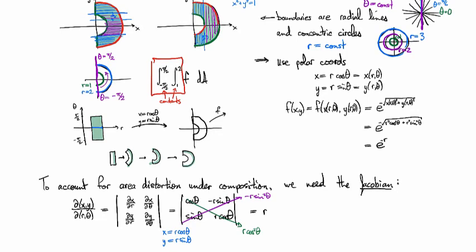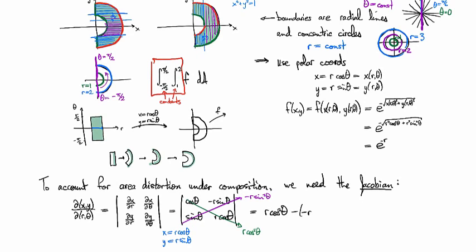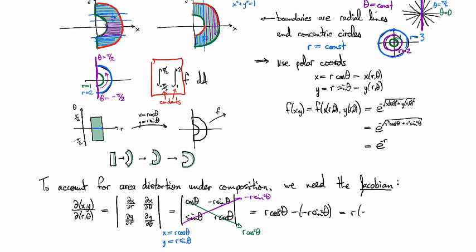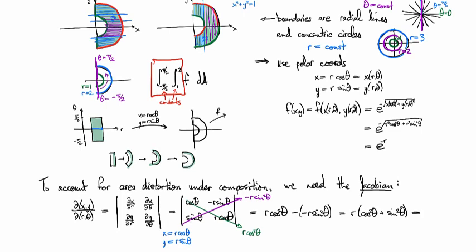So we have r cosine squared theta minus negative r sine squared theta. If we factor out the r, again by everybody's favorite trig identity, aka the Pythagorean theorem, we get r. So there's a distortion factor of r.